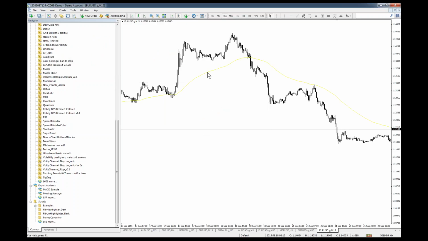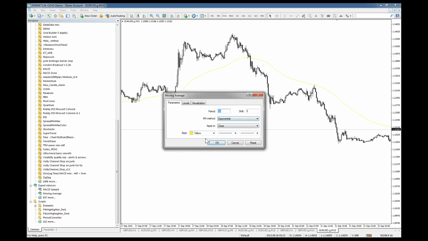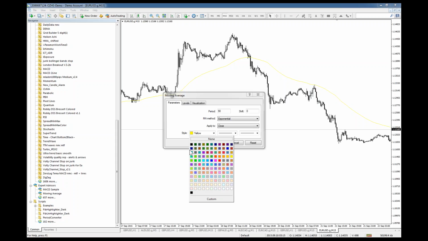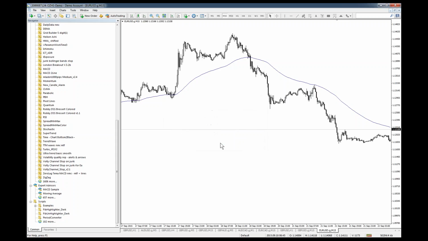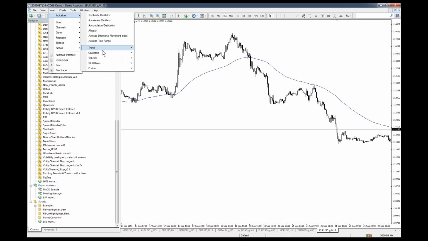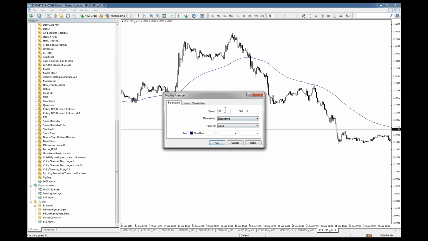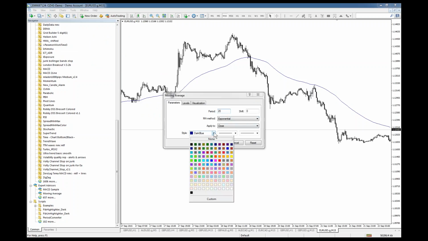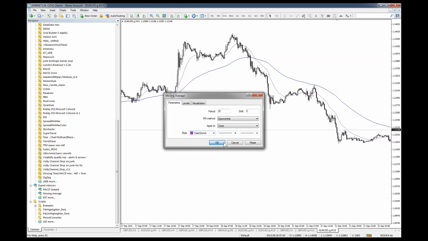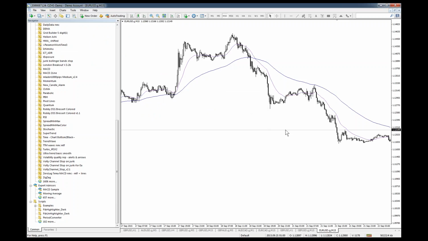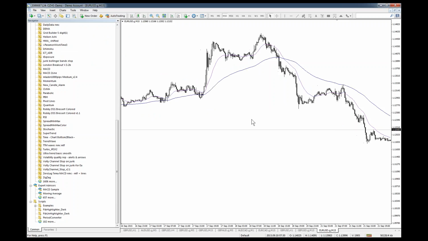I'll put that up there. Let's change that color quickly. That's a 90. And I'll add a 20. And I began experimenting with all of these to see which moving averages gave me the best deal.